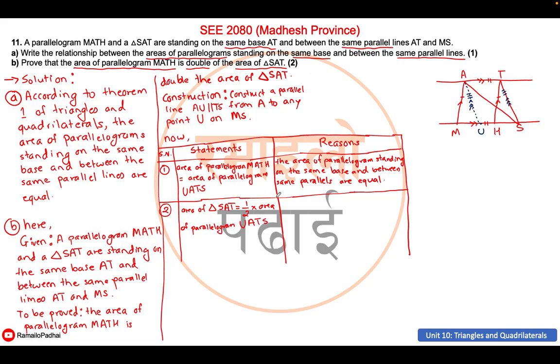Okay, and why is this? Because the diagonal SA bisects the parallelogram UATS into two equal halves.